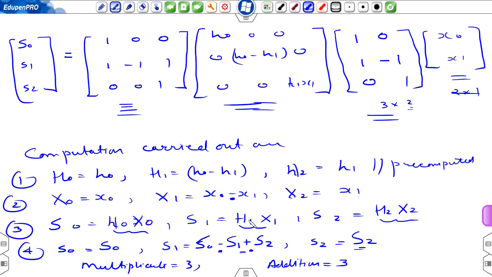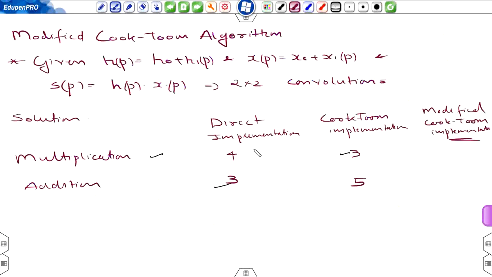Okay, so this convolution can be implemented by performing 3 multiplication operations and 3 addition operations. So compared with the direct implementation and Cook Toom implementation, modified Cook Toom implementation needs 3 multiplications and 3 additions.